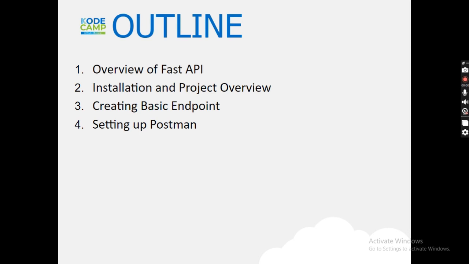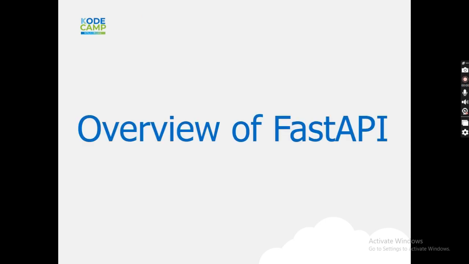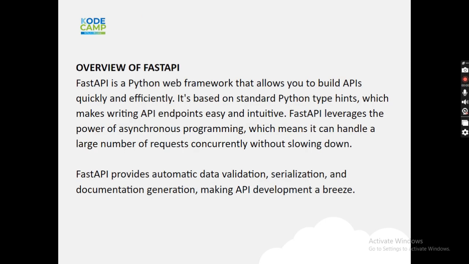So knowing this, what exactly is Fast API? From what we have on the screen here, we could see that Fast API is a Python web framework that allows you to build that mechanism I just explained, the API, quickly and efficiently.